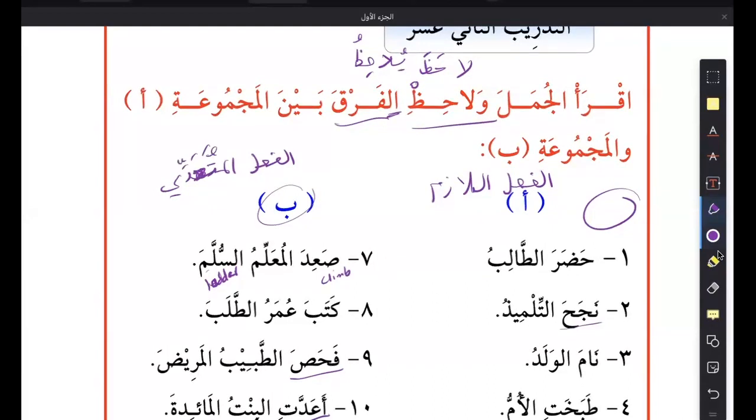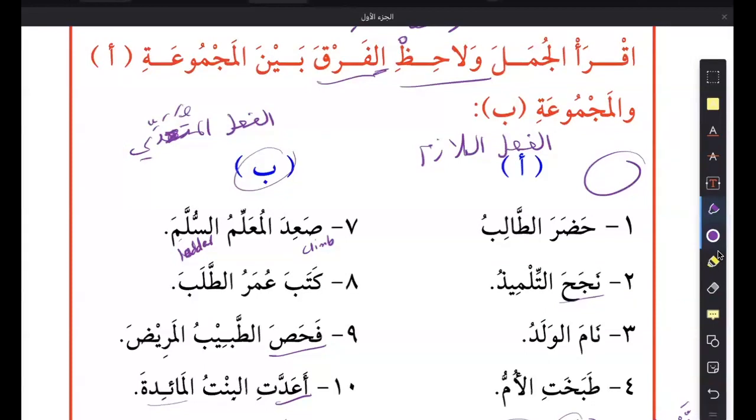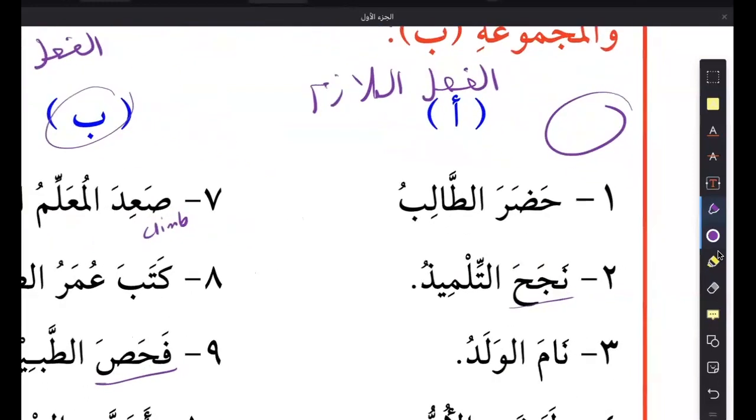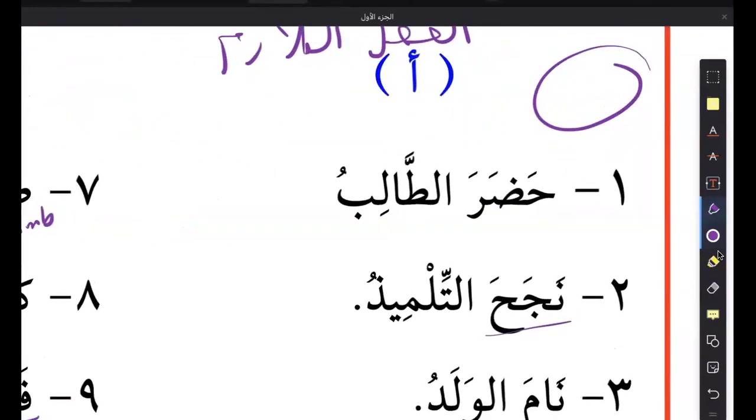These are the two types of verbs, transitive or intransitive. So what is lazim? It's intransitive in the sense that you cannot put an object into this type of verb. For example, if you say حضر الطالب, the student came, is there a way to put any object in this verb?